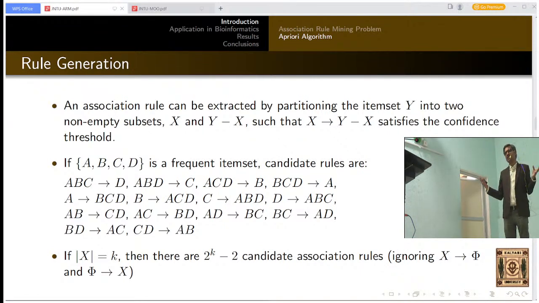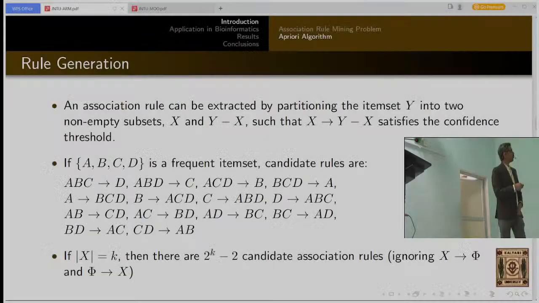The power set is 2 to the power k, but you have to ignore the null set and the whole set, because from the whole set you cannot get any rule, right? So if you have ABCD implies null, it is not a rule. That is also discarded. So 2 to the power k minus 2 will be the number of rules.